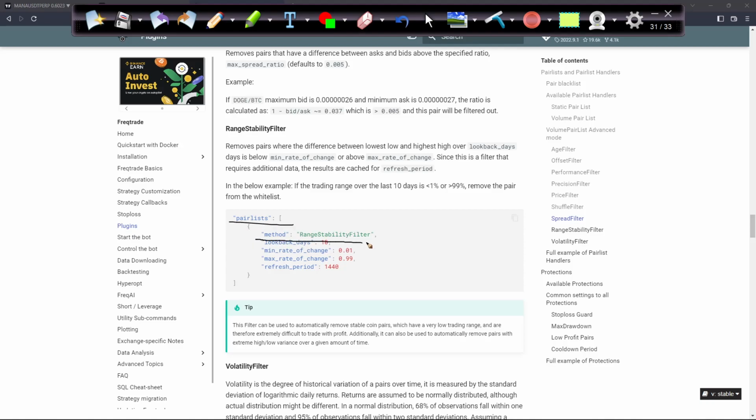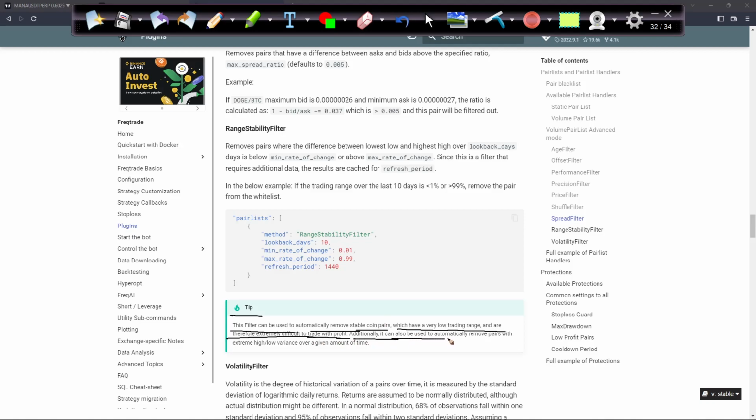We have the method range stability filter. We have look back days as 10, minimum rate of change 1%, maximum rate of change 99%, and refresh period as 1 day. Now the tip here is that this filter can be used to automatically remove stable coin pairs which have a very low trading range and are therefore extremely difficult to trade with profit.